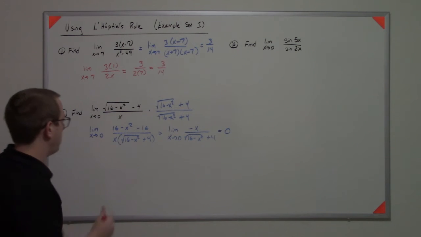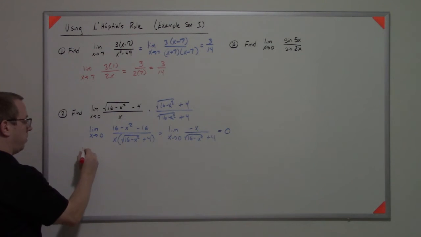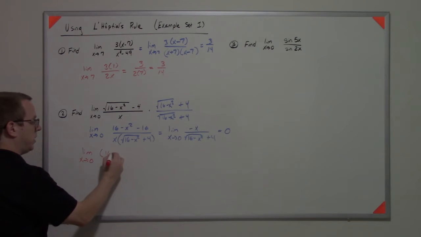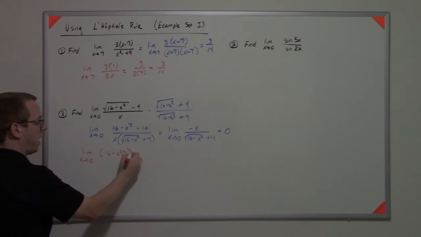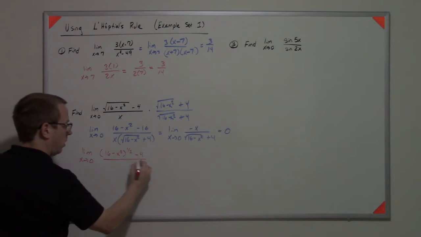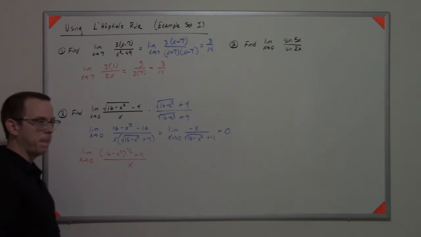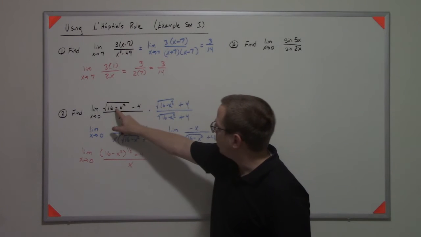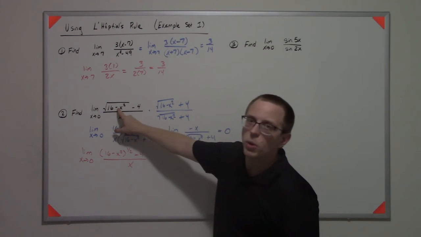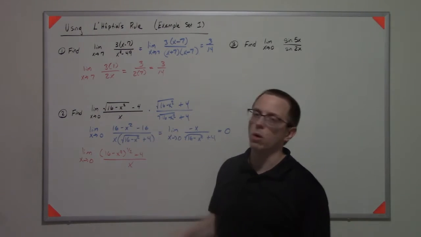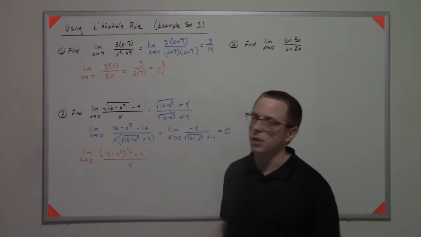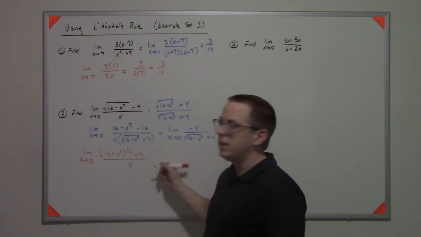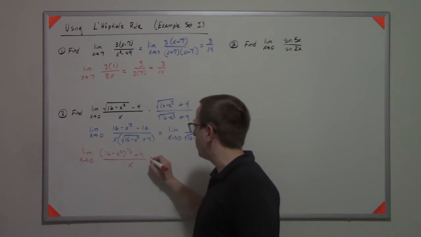So let's start here. We want to say that's the limit as x goes to 0 of 16 minus x squared to the 1/2 power minus 4 over x. Again, if we plug in 0, originally here you get the square root of 16, so that's 4 minus 4, which is 0 on top, 0 on bottom. So if we have it this way, then taking the derivative is a little more straightforward.